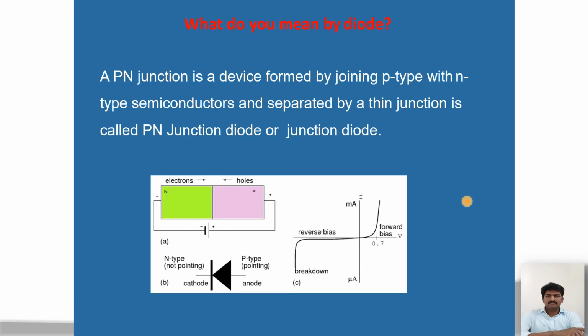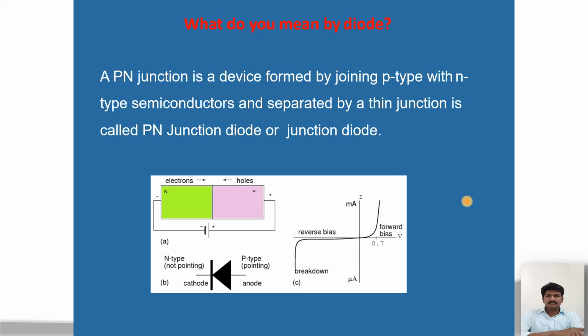When do you say P-type semiconductor and N-type semiconductor? So far we know silicon semiconductor and germanium semiconductor. A silicon semiconductor material can be converted to a P-type semiconductor or an N-type semiconductor by doping, by adding some impurity to it.